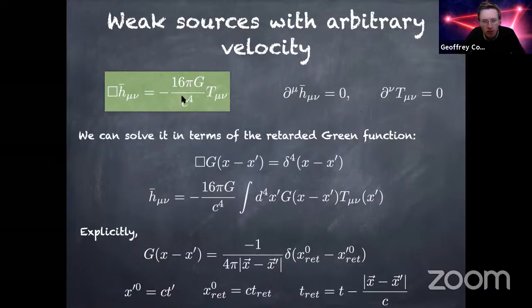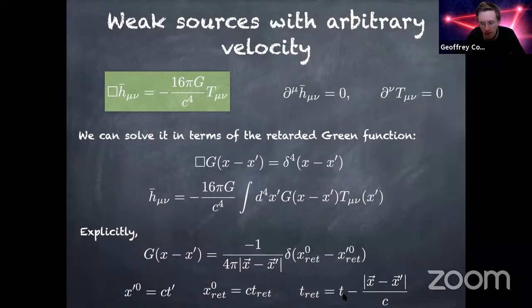So we can solve this equation. This is similar to electromagnetism. There is a Green function which solves the d'Alembertian in 4 dimensions equal to a delta function. So it exists and explicitly is given by this well-known formula, where you have a delta function in terms of retarded time.